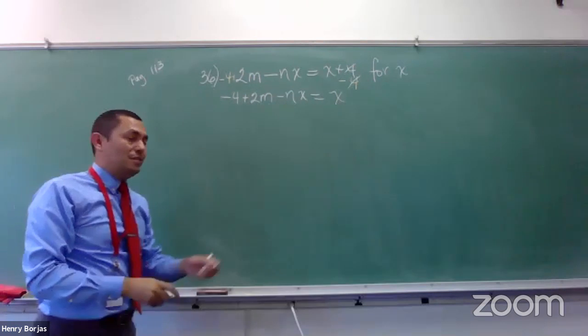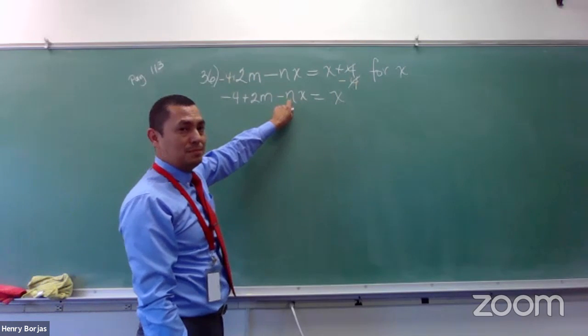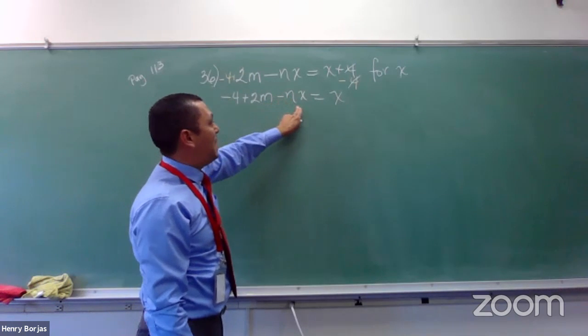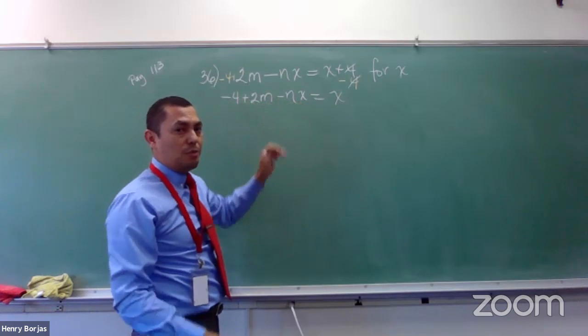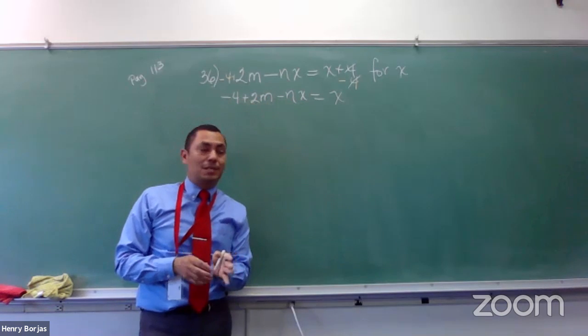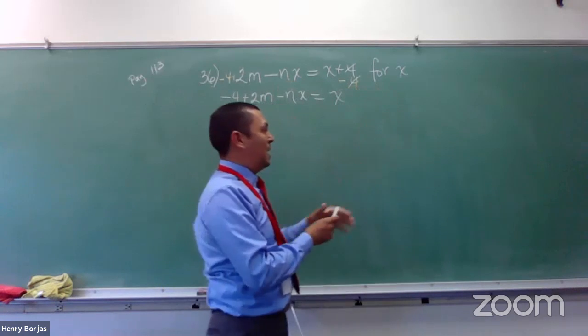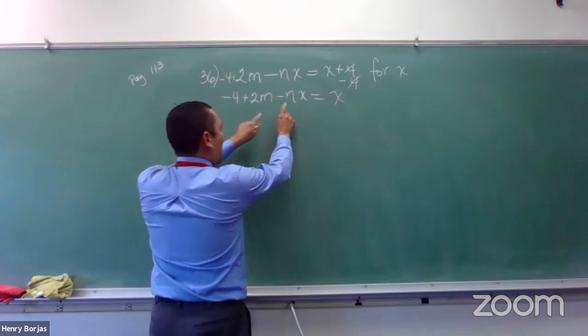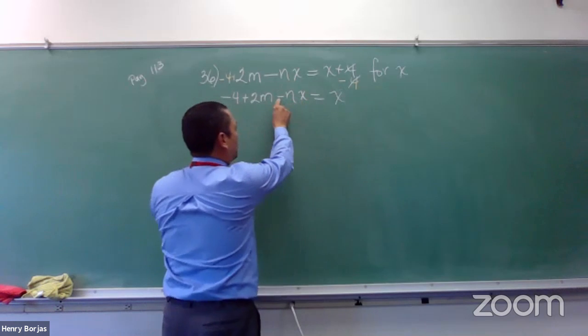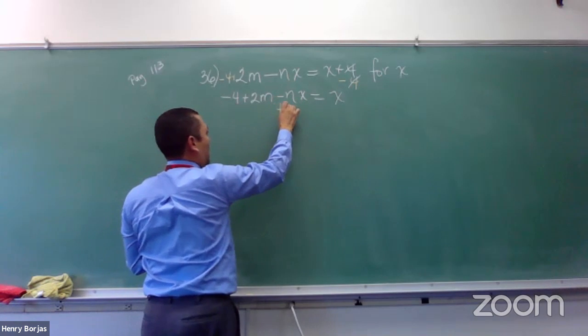Okay, next, I have this term, negative nx, on the left. So remember that I'm solving for x. So I need to move this nx to the right side, and then I'm going to explain why. So I have negative nx is subtracting, so I'm going to use addition.